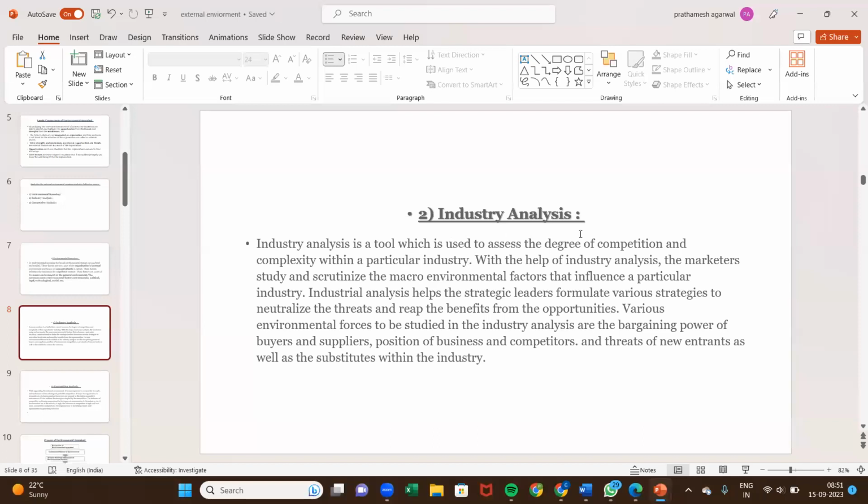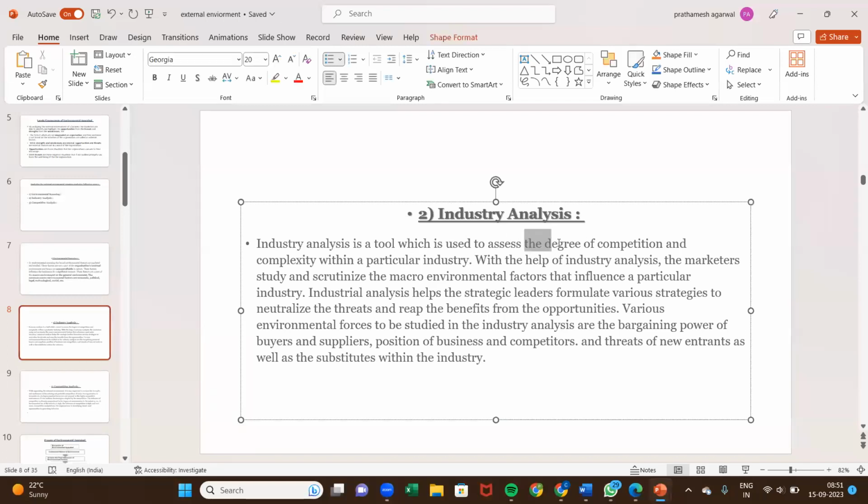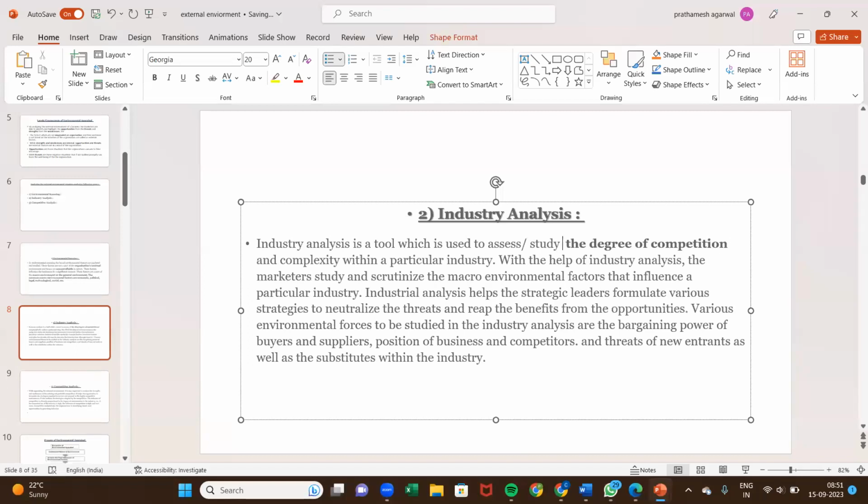Then industry analysis. Industry analysis is a tool which will help us to assess or study the degree of competition and the complexity within a particular industry. With the help of industry analysis, the marketeers study and scrutinize.